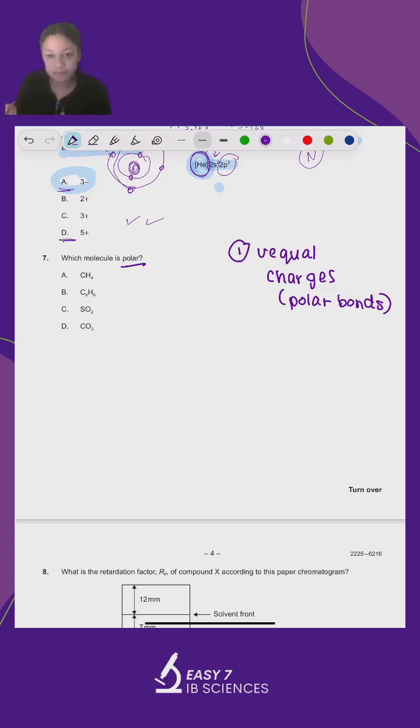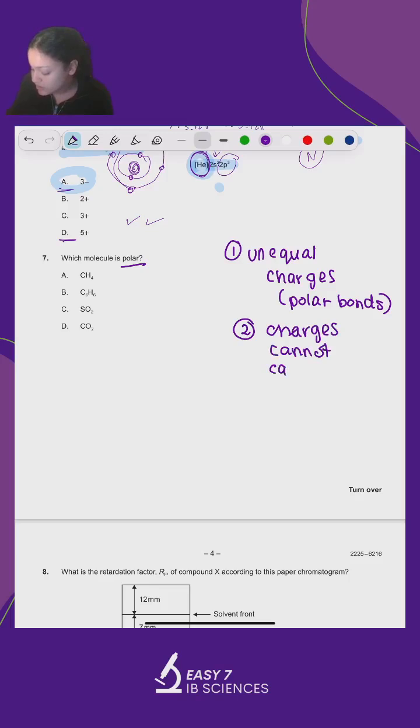The next requirement is that the molecule has to be asymmetrical, or those polar bonds cannot cancel each other out. So there has to be an overall dipole, basically the charges cannot cancel each other out. Those are the 2 checklist items we have to meet in order to consider a molecule polar.